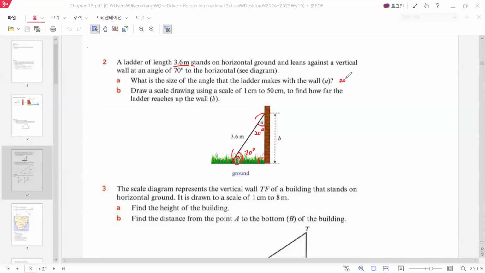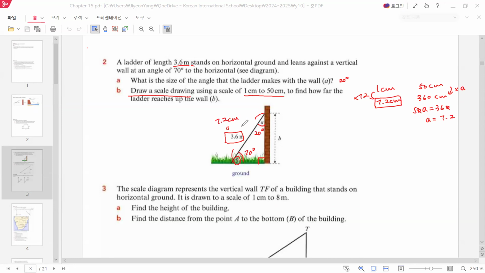Then we need to draw a scale drawing using a scale of 1 centimeter to 50 centimeters. Since 3.6 meters means 360 centimeters, we need to find the multiplier. 50a equals 360, then a is 7.2. So 7.2 centimeters as a scale drawing.